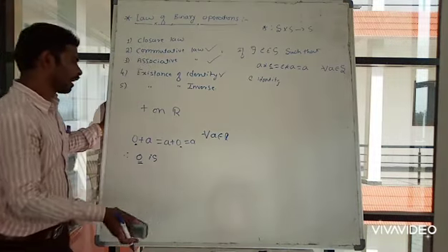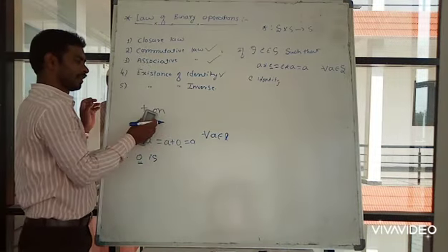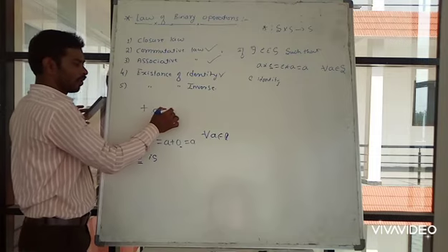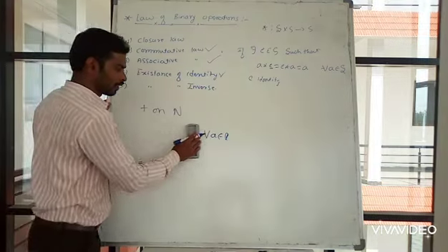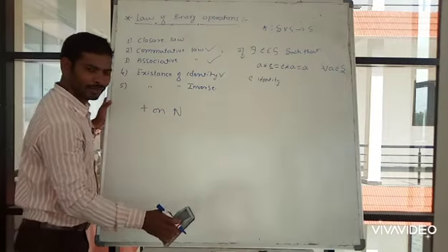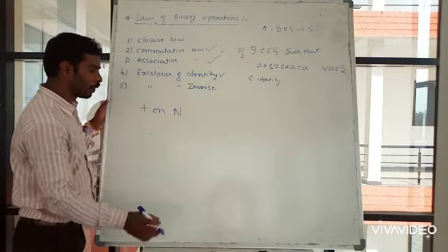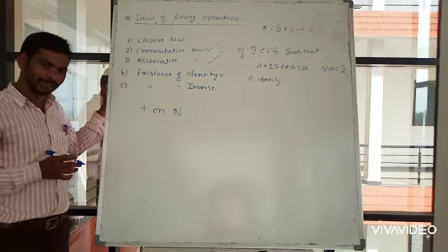Similarly, consider the addition operation on the set of all natural numbers. Is it a binary operation or not? Yes, it is a binary operation. What is the identity element present in this set?